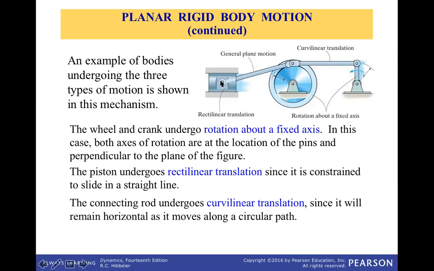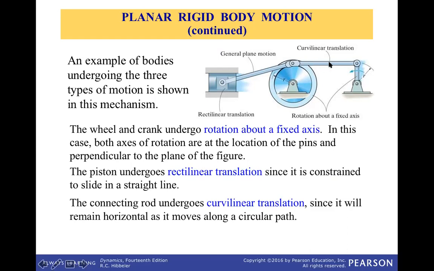So the piston will just have rectilinear translational motion. But for the wheel here and this crank, this part of it is rotating about this axis here. So this and this will have rotational motion, each about a fixed axis.